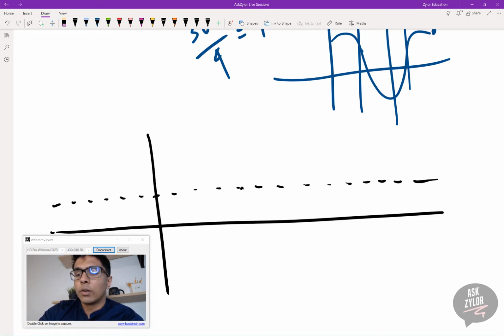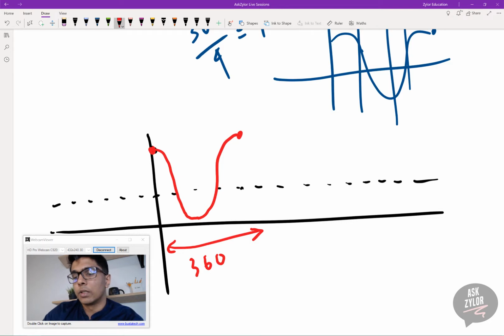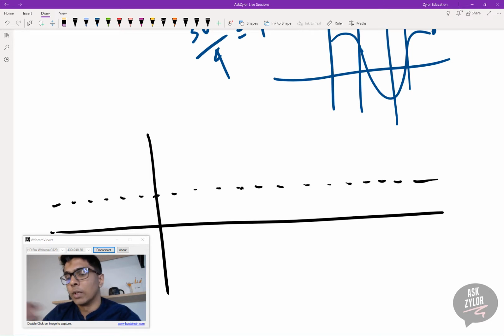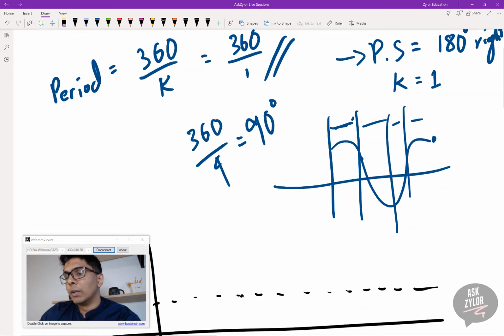So I know what a cos function looks like. I'm just going to use a different color. It starts at the maximum, it goes down to the minimum and comes back up, and that distance will be your period. In this case it's 360. My axis of symmetry is 1, so that's why I brought up all the points by 1. And my amplitude is half.